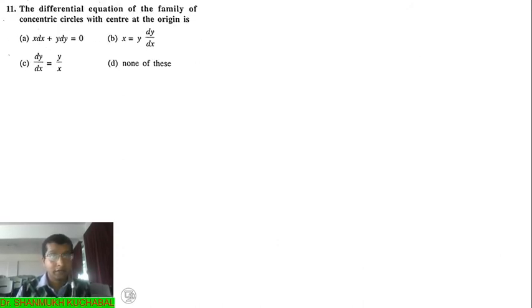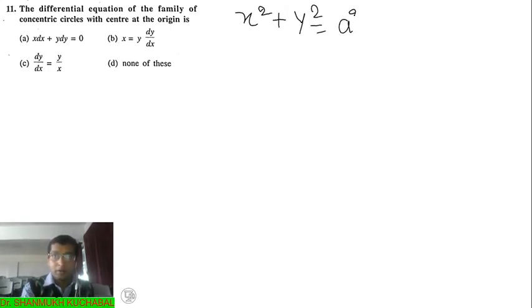Next, the differential equation of the family of concentric circles with center at the origin. Concentric circles means circles having the same center. So it is given by the formula x square plus y square equal to a square. You have to remember this; I call it equation 1.